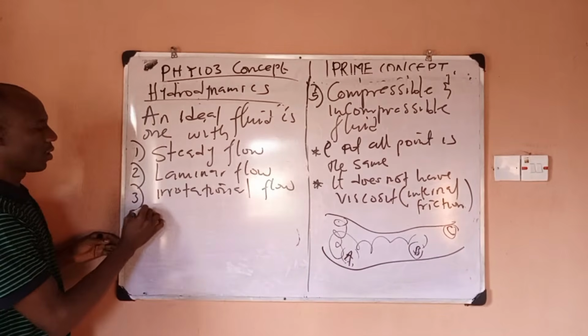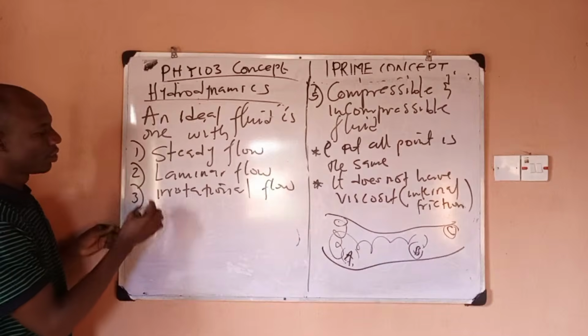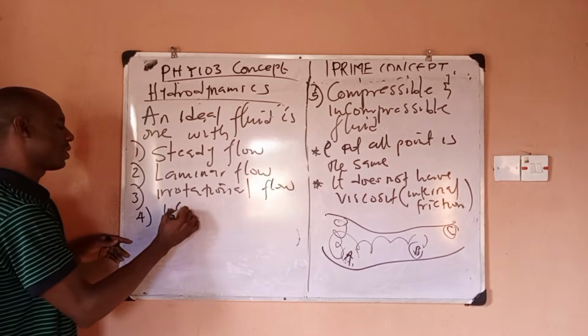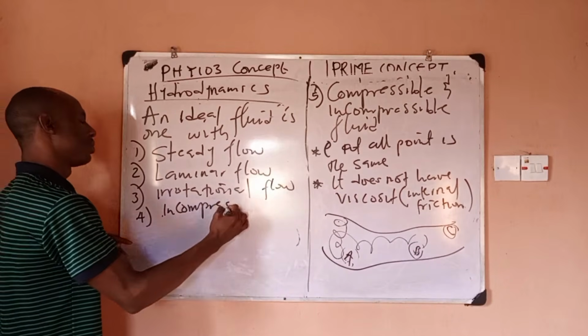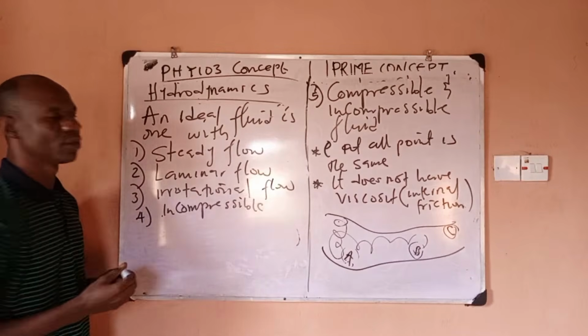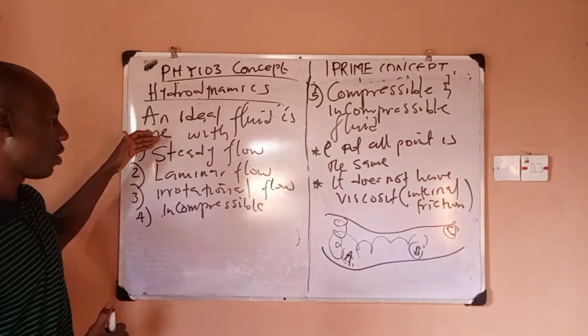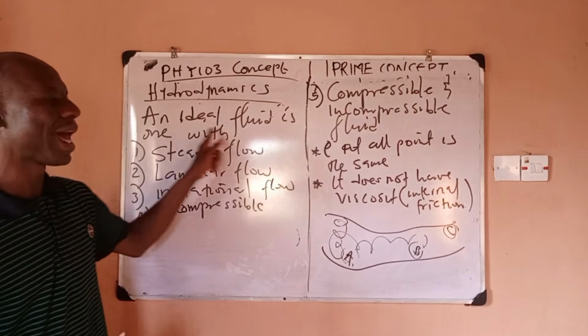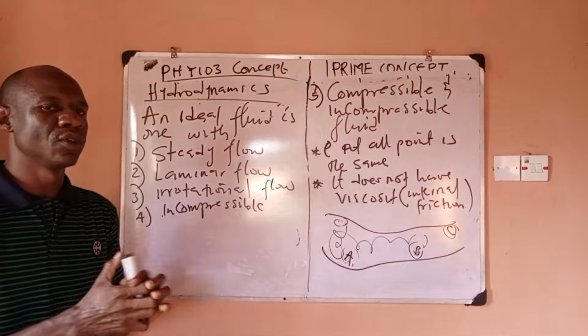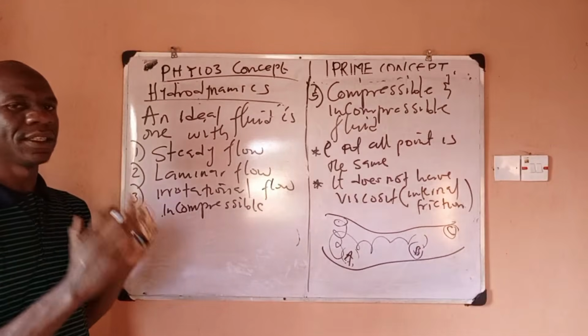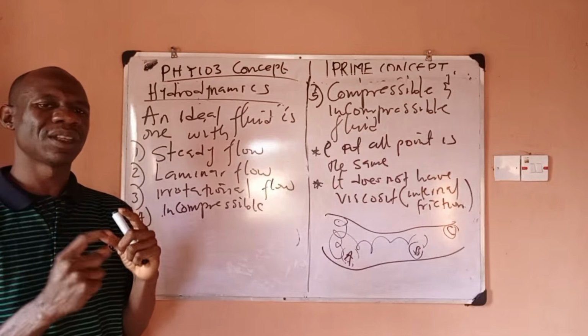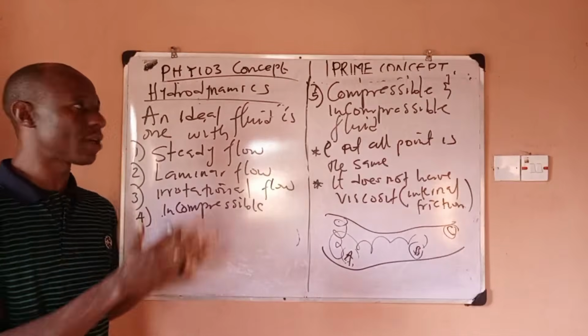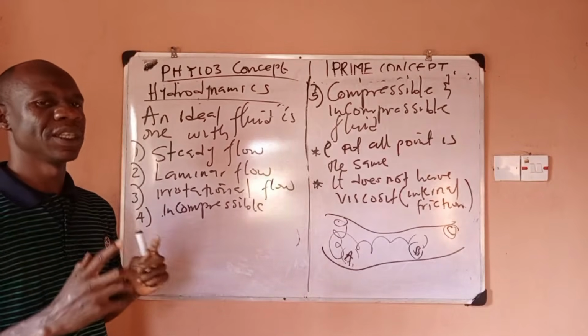Then number 4 is that the fluid is what? Incompressible. So a fluid that has all of these properties is classified as what? Ideal fluid. So we want to study ideal fluid. Later on in this course, we'll study a real fluid.